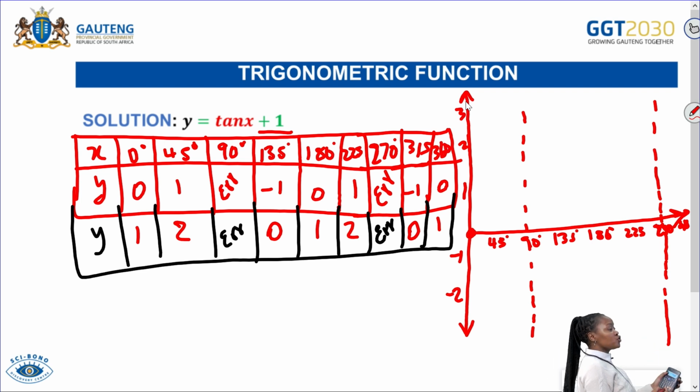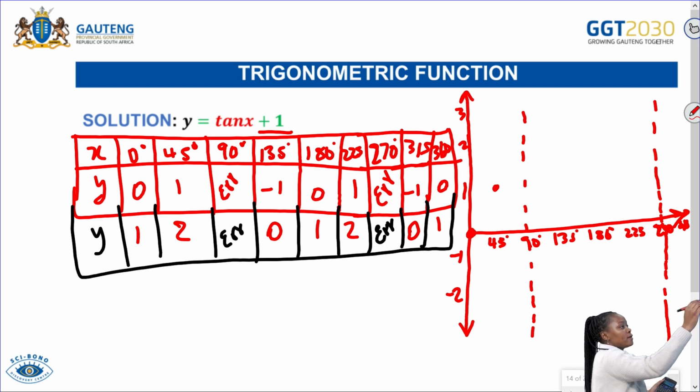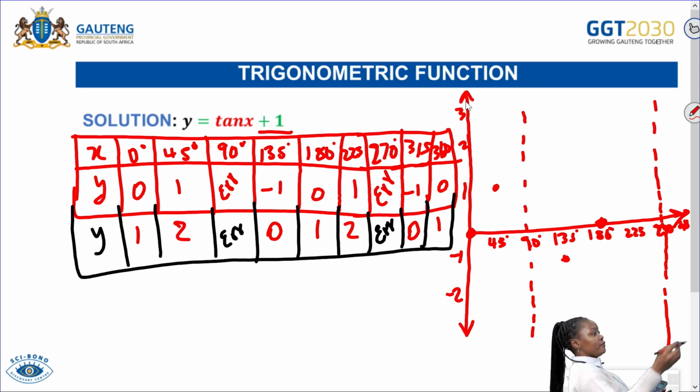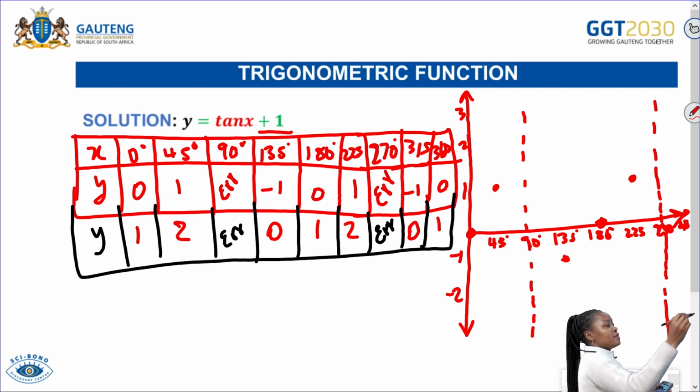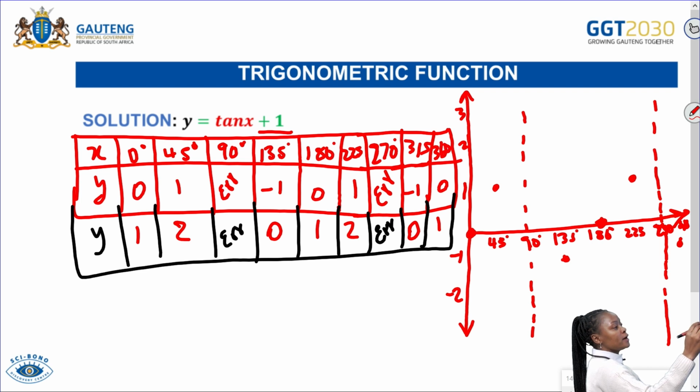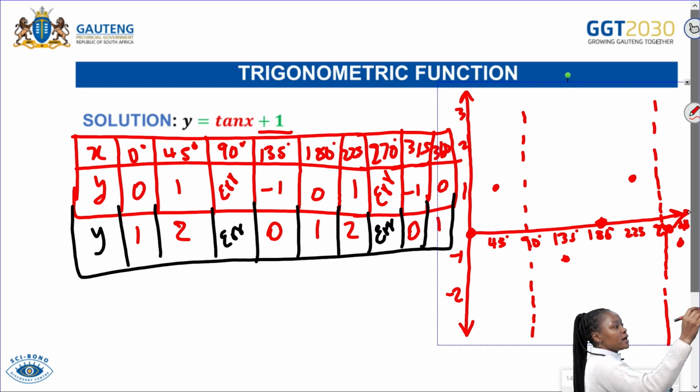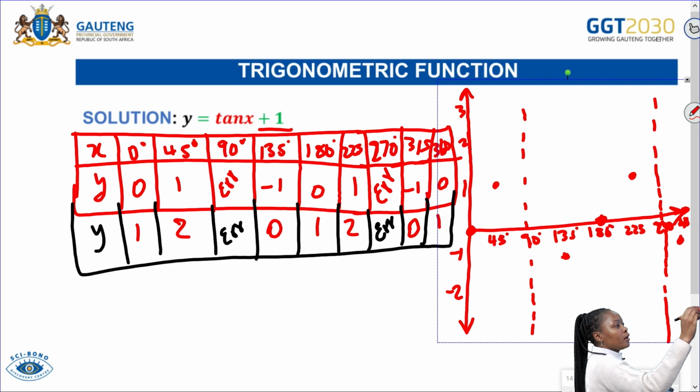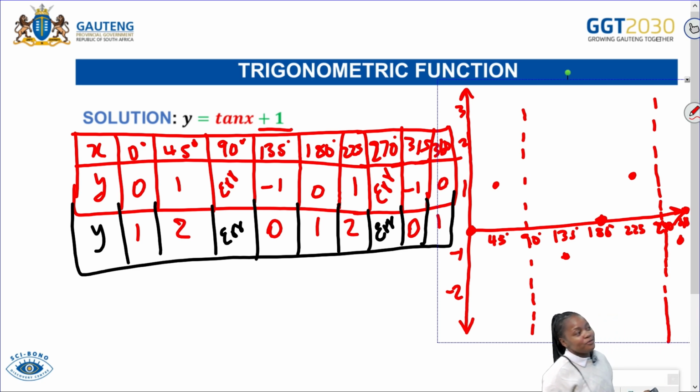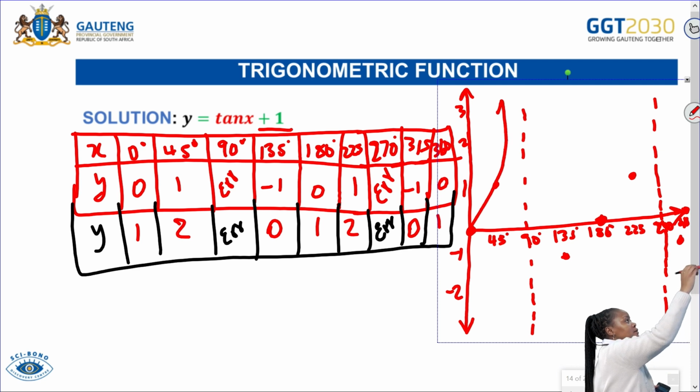So I have 0 is to 0, and then I have 45 is to 1. Then I have 135 is to -1. At 180 is 0. And then at 225, I have 1. Then at 270, I've got my asymptote. And then at 315, I've got -1. And then at 360, I'll have 0. So my graph will go like this.